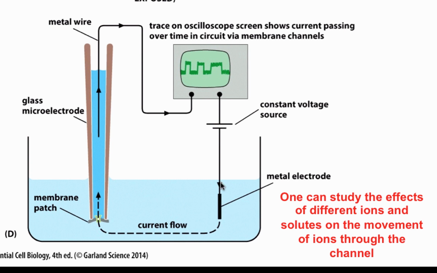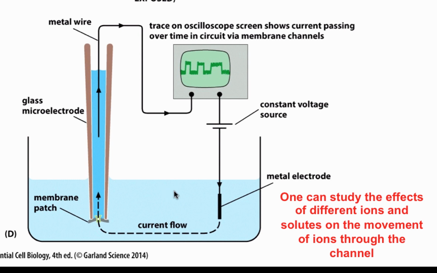What we also have is that we can connect the entire system to an oscilloscope, and that oscilloscope will have an electrode that is present in the media that is going to be in the cytoplasmic side of the membrane, and we're going to have another electrode that is going to be present inside the fluid of the microelectrode.